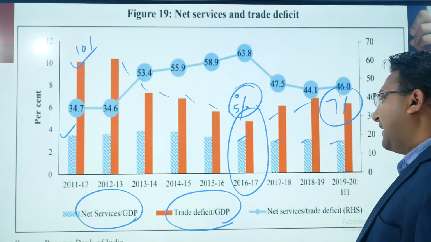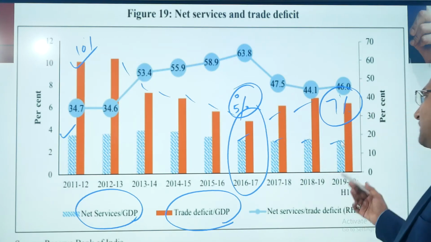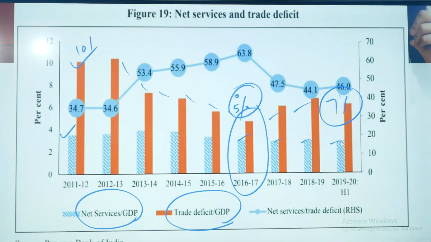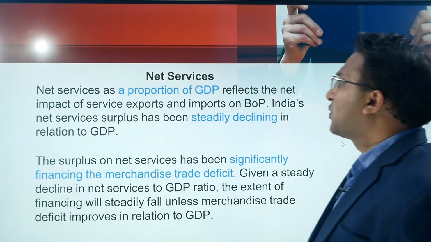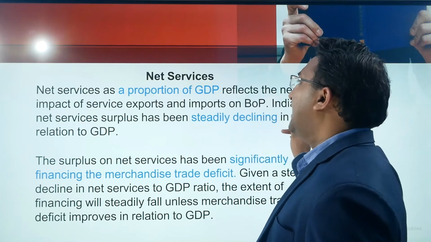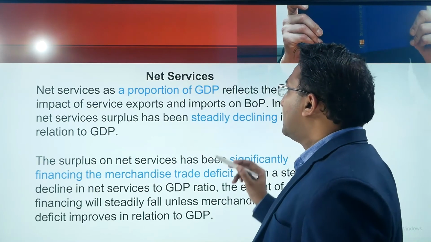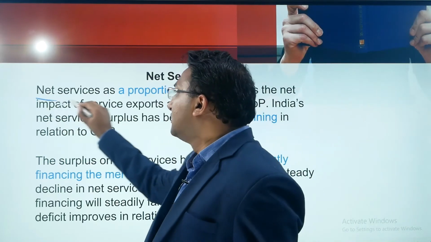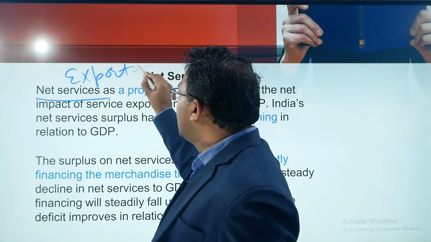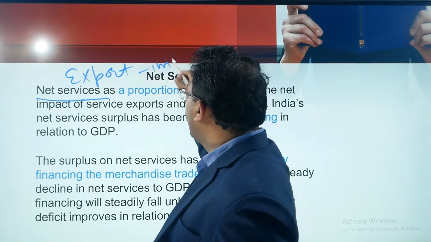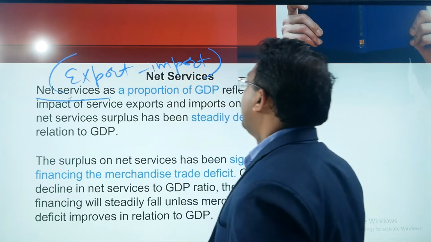So overall the net services to GDP ratio has not changed much, but it has been declining over a period of time, which is a cause of concern. So net services as a proportion of GDP reflects the net impact of service exports and imports on BOP, right? So net services basically reflects the export of services minus import of services.